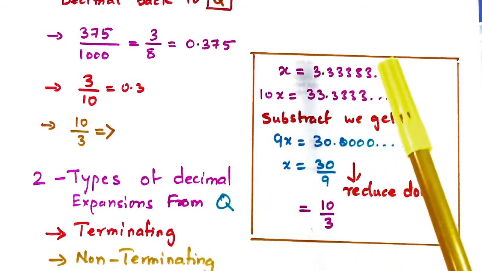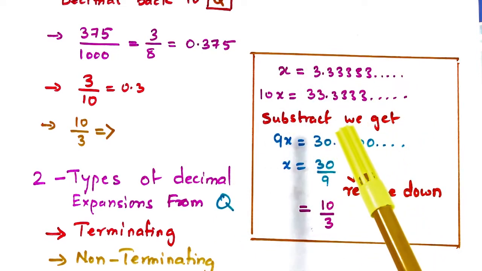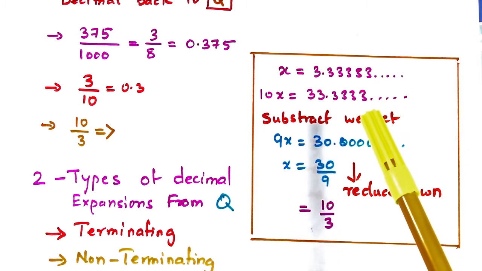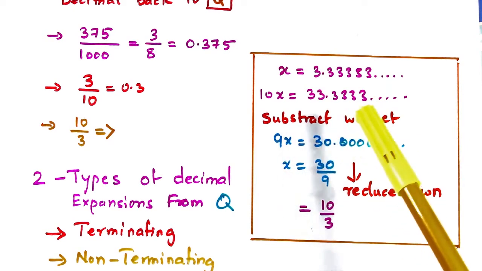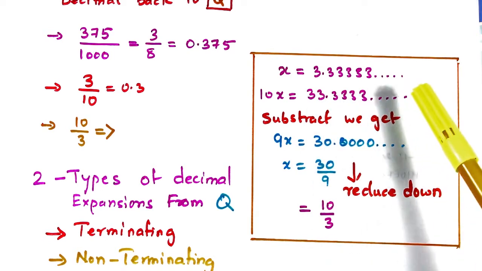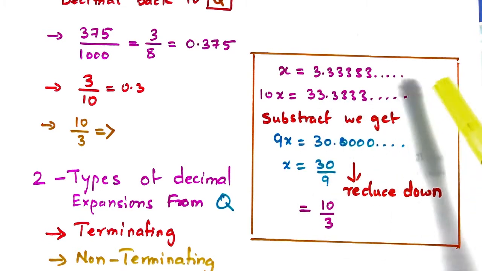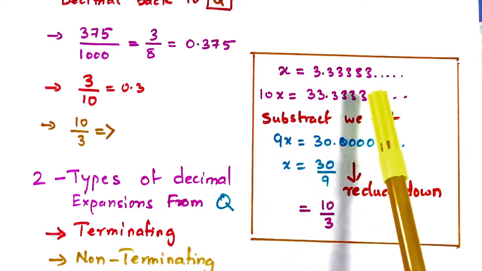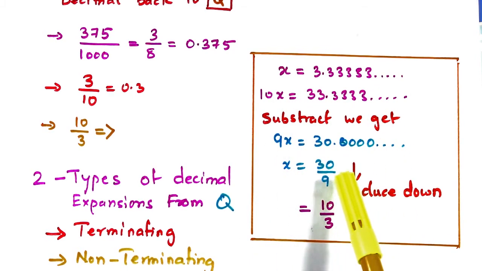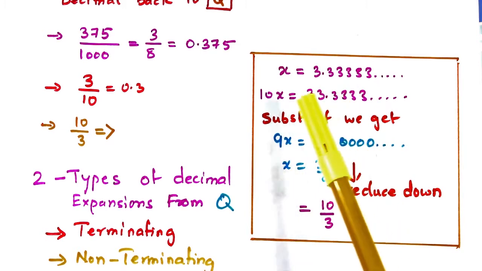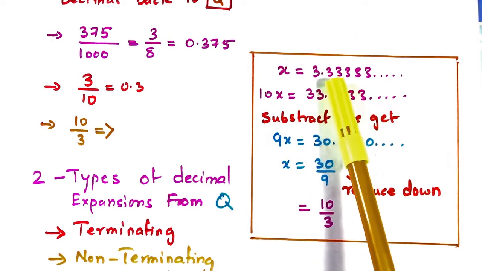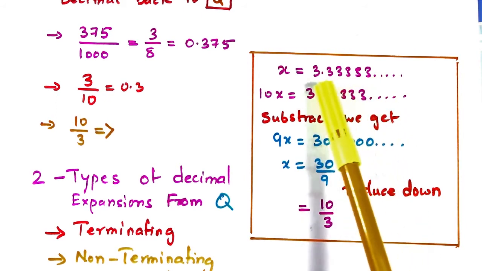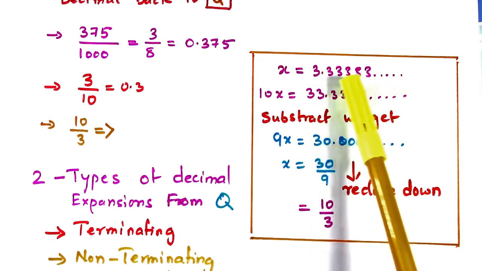A rational number means the numerator and the denominator should belong to integers, and they are in the least form. They cannot be reducible even further. Now it is a procedure to get this fraction. The decimal number over here is repeating, right?